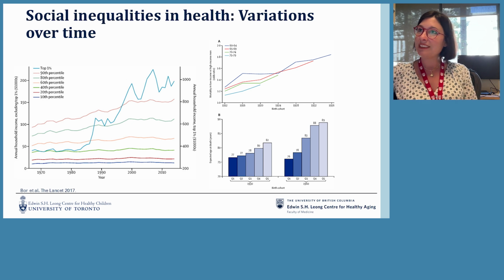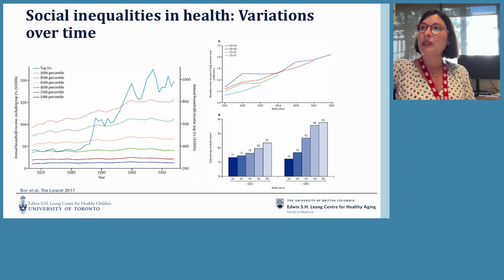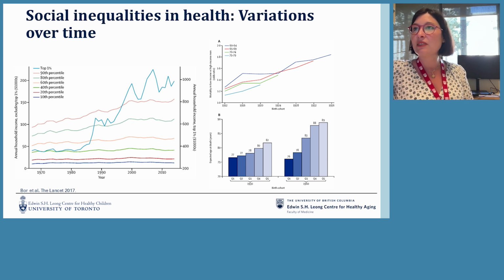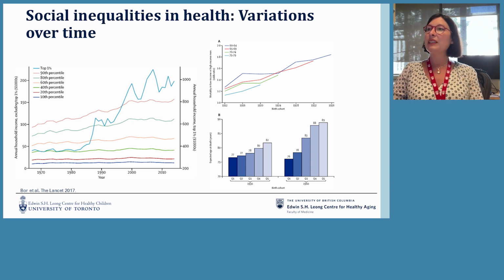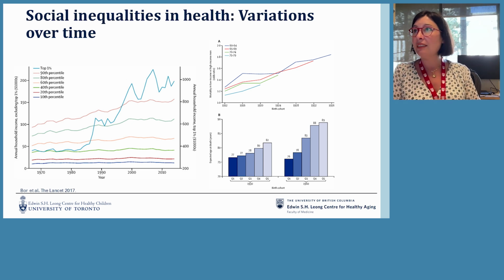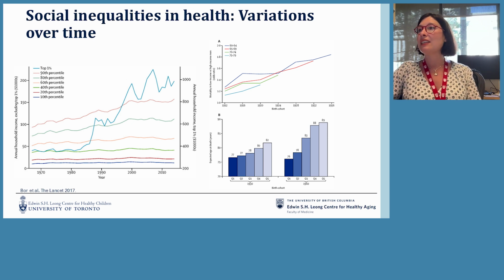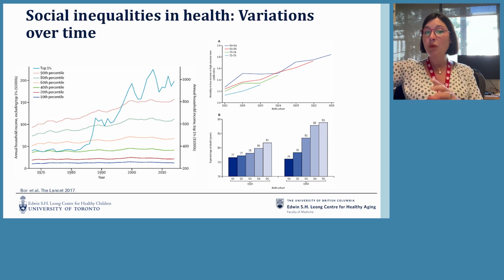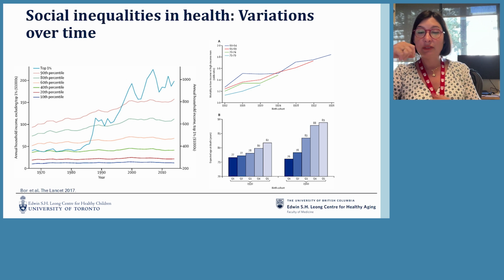For example, this graph represents the annual household income, excluding the top 1%, over time in the United States. And as we can see, these inequalities in income have progressed over time.